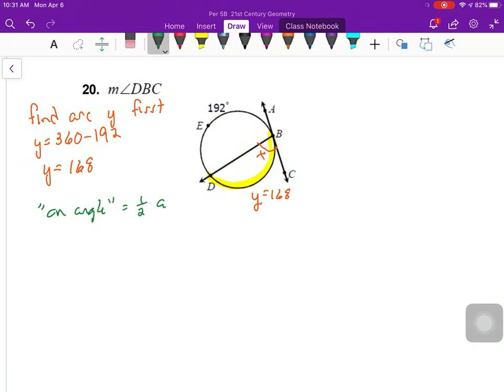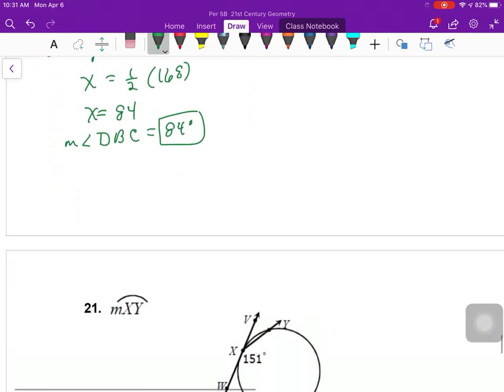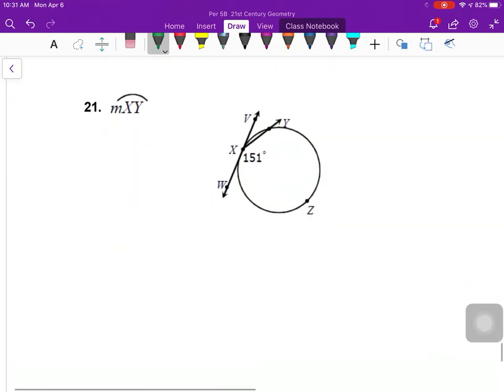So this is 168. And now we have ourselves an on angle, so that's going to be equal to half of the arc. So the x will equal half of 168, 84. So the measure of angle DBC will be 84 degrees.